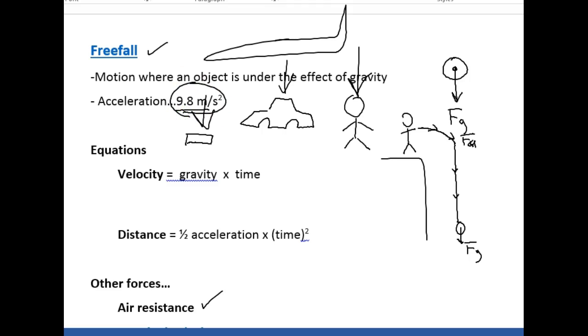So the acceleration of this car is 9.8 meters per second squared. The acceleration due to gravity of that puck, of that person, and so on, they are all 9.8 meters per second squared.